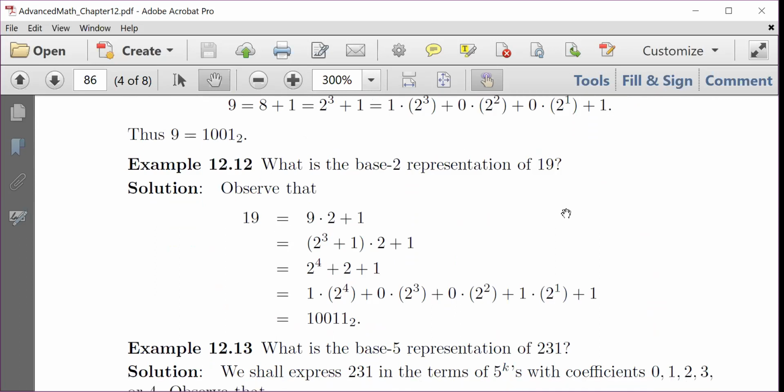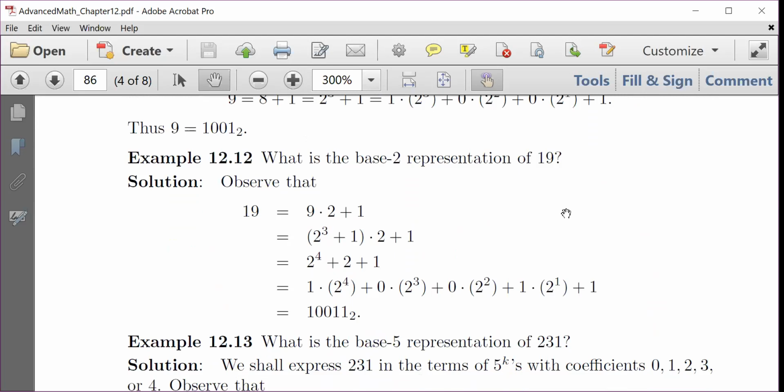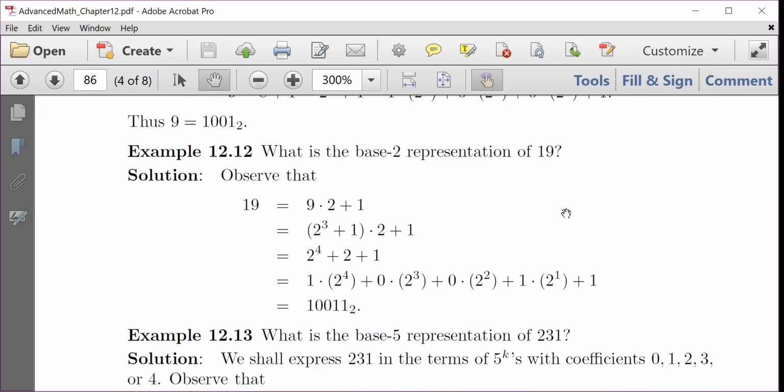So the idea is that I express 231 in terms of powers of 5 with coefficients from 0 to 4. I still use the same notation for my 5 digits: 0, 1, 2, 3, 4. We're not going to create new digits. You can, but that's not easy.